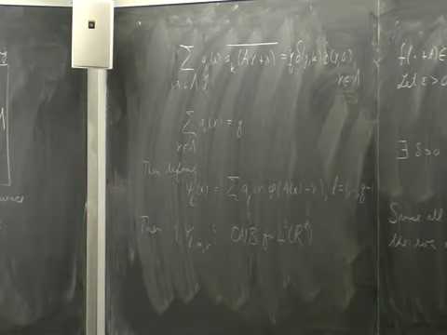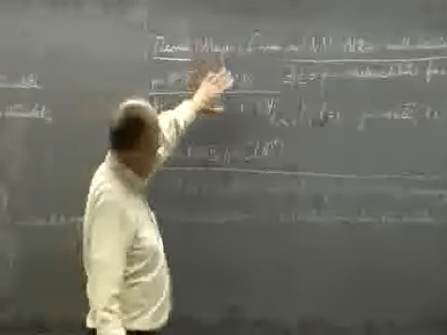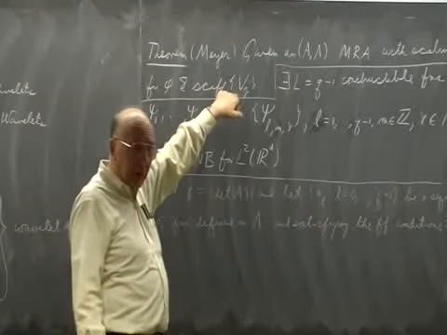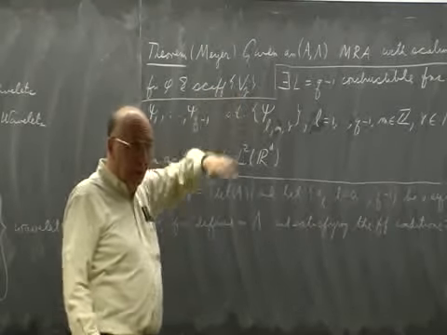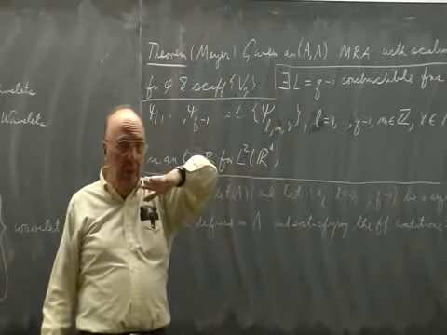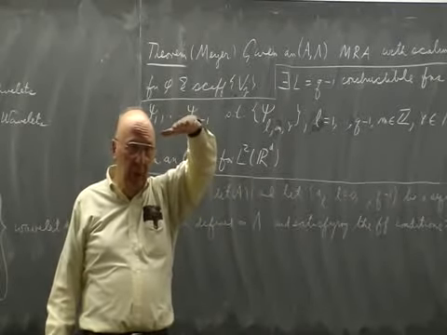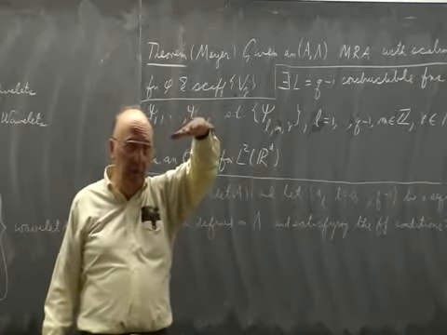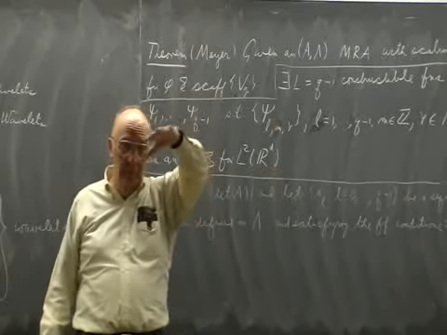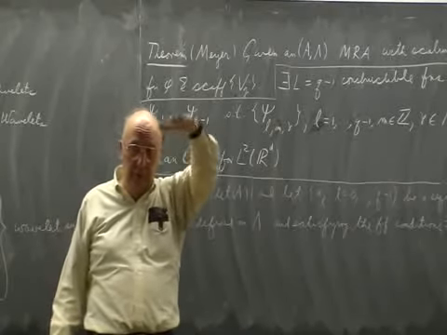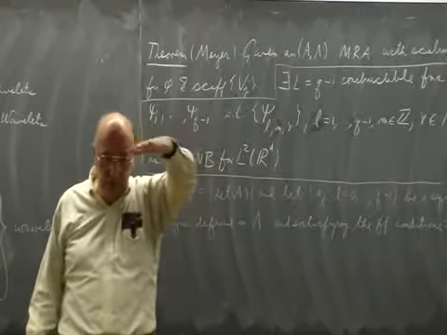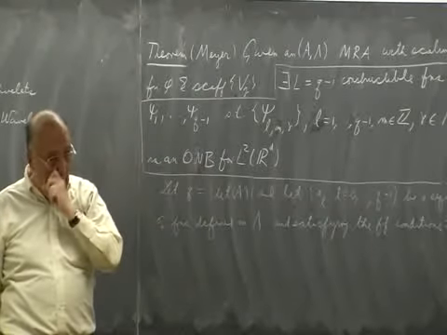But where do the A's come from? Well, what one really does is, we have this MRA, so that means we have this increasing sequence of V_J's. So we look at V0, and then we look at V1. And we write V1 as the complete direct sum of V0 and W0.